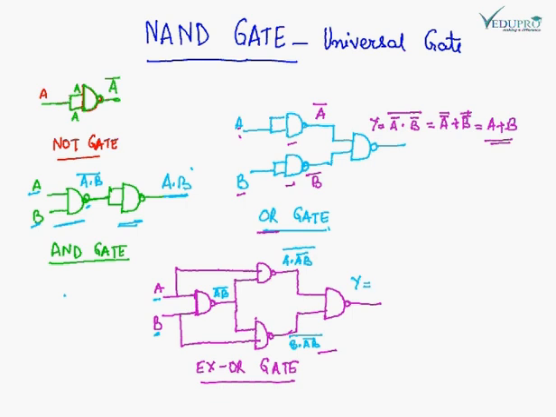The final output of this combination is A dot A B slash dot B dot A B slash, the whole slash. When we solve it, it will give me the XOR gate.